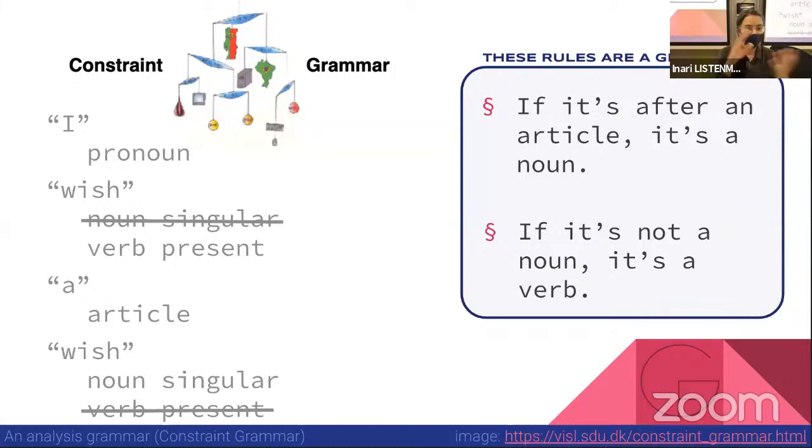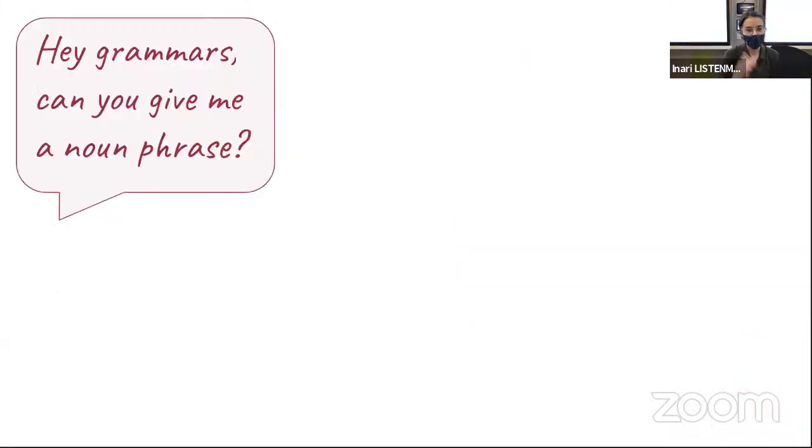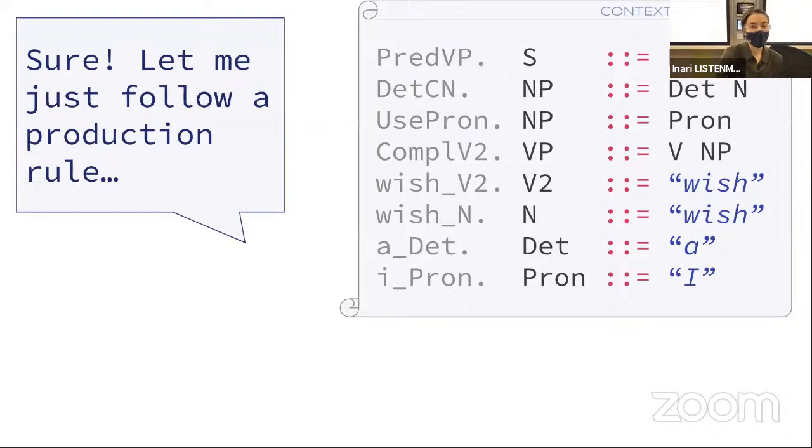Just to illustrate the point, let's take a new task. This is not disambiguating. This is now like you press G, you do gr in the GF shell, give me a noun phrase, gr -cat=NP. So the context-free grammar is very happy to do that.